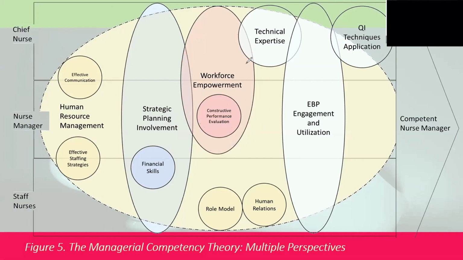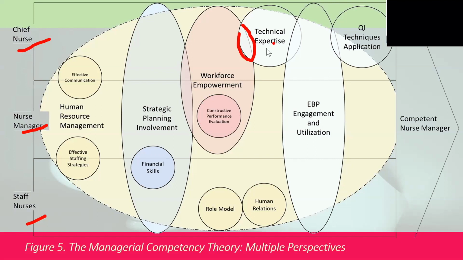Okay, that's one factor. Now, you might be noticing that these circles are overlapping because during our interviews with the chief nurse, the nurse manager, and the staff nurses, we found out that these skills are interdependent with one another.